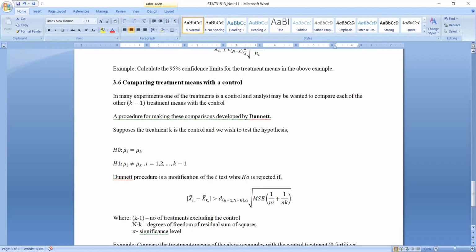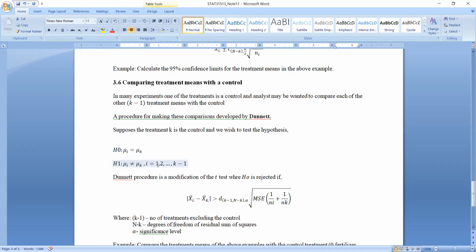That is, for example, let's say treatment K is your control treatment, and if we have another treatment called treatment I, and you want to compare treatment I with the control treatment K, you can write down the hypothesis as H0: mu I equals mu K, and H1: mu I not equal mu K. So you can compare any mu I with the control.